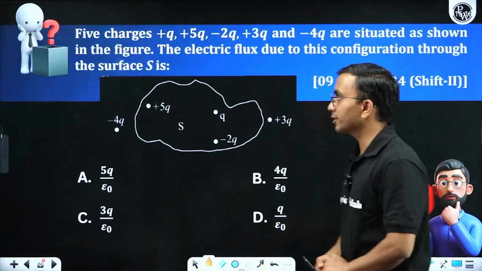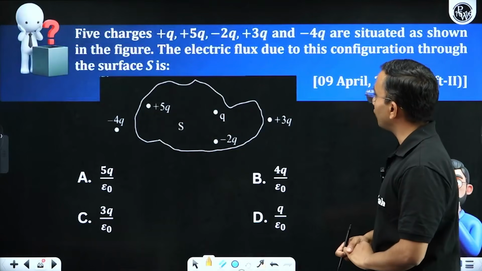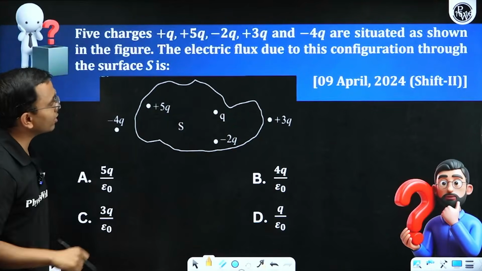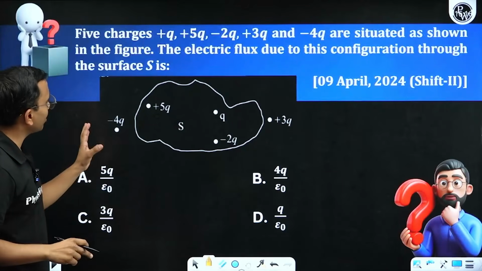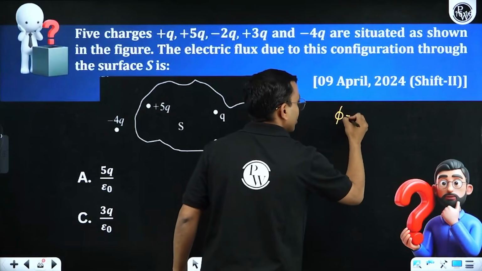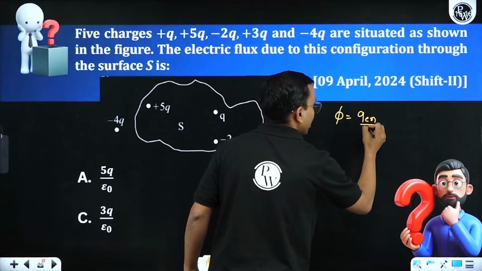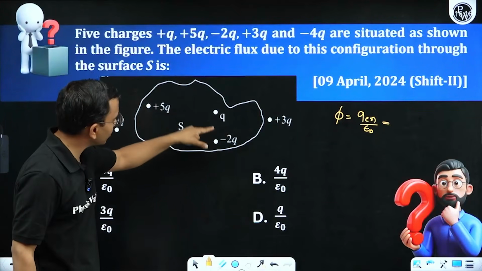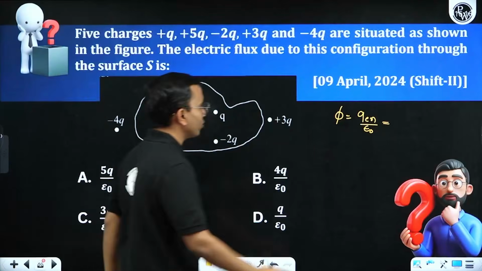Some questions on this, let us do them. So 5 charges are given to us, situated as shown. The electric flux through this surface S is. Now flux we have to write, we will say that is Q enclosed by epsilon naught. What is Q enclosed? Inside only 5Q minus Q plus Q, 6 minus 2, 4Q.